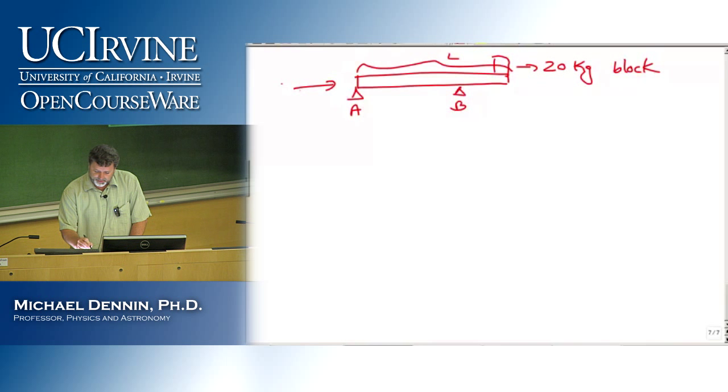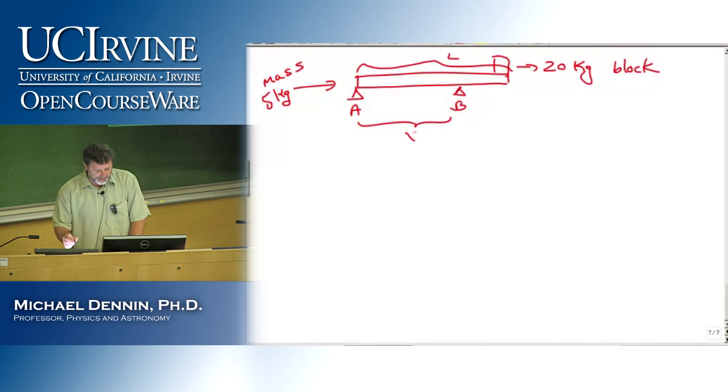And the beam has a mass of 5 kilograms. And we want to solve for x. We actually want that maximum x, how far away we can get, and it still is stable.